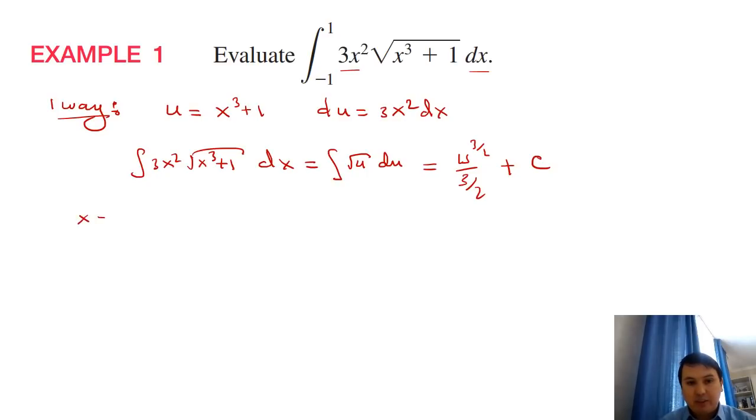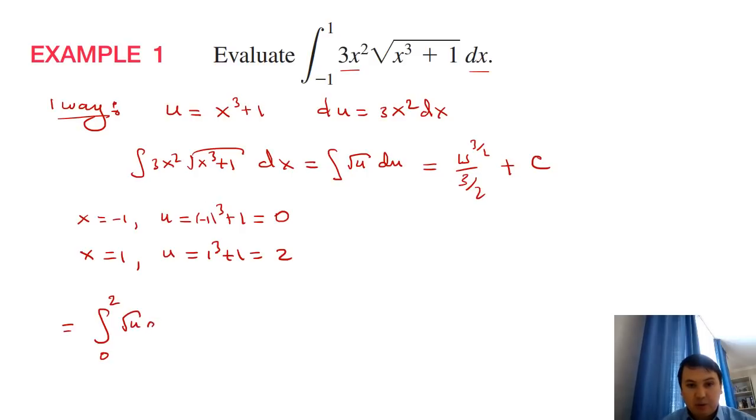When x is -1, my u is going to be, substituting x equal to -1 here, 0. When x is 1, then u becomes 1 cubed plus 1, which is 2. So my integral, after I make all the substitutions, becomes the following: integral from 0 to 2 of square root of u du.